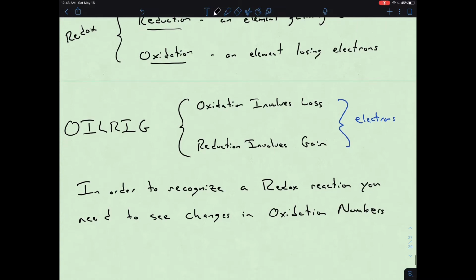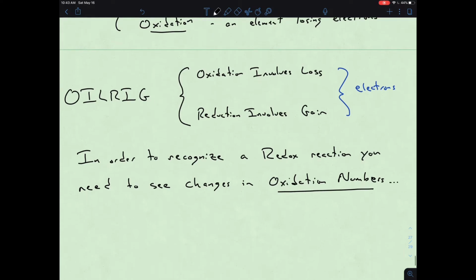Now, in order to recognize a redox reaction, and it can be tough to recognize, basically we need to start to observe or see changes in oxidation numbers, right? And so we now have to kind of expand on this idea of oxidation numbers.